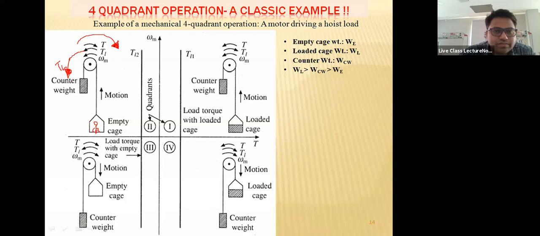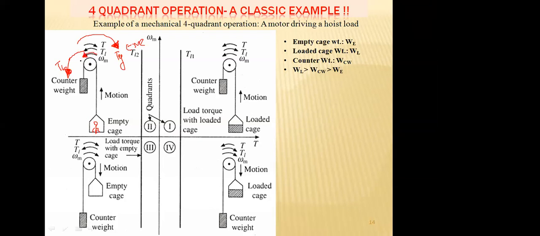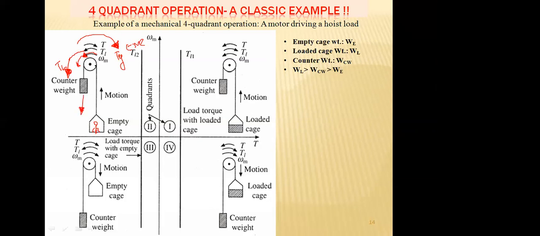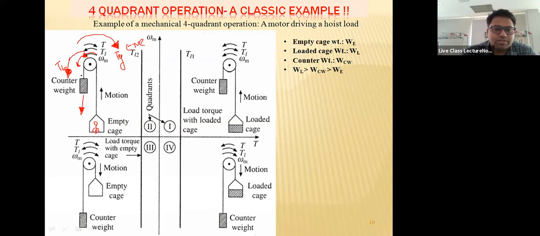So TG is now clockwise, so it is negative, and the speed is still clockwise. Why? The counterweight will go down, right? So the motor is being driven by the counterweight. The speed of the motor is governed by the counterweight, but the torque is negative, so as to slow it down.